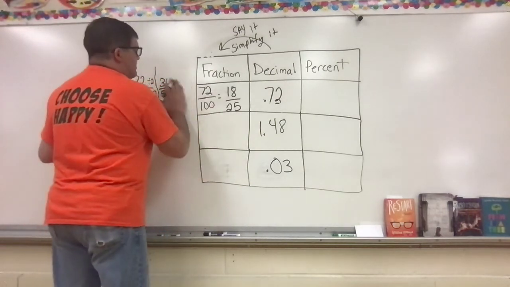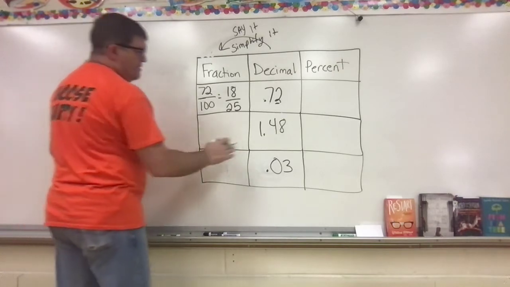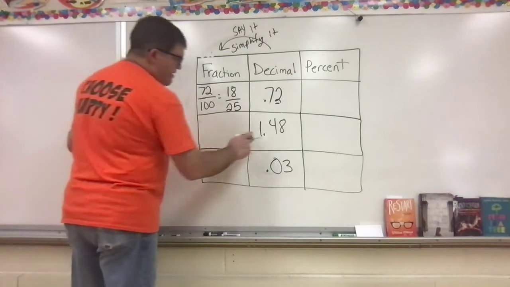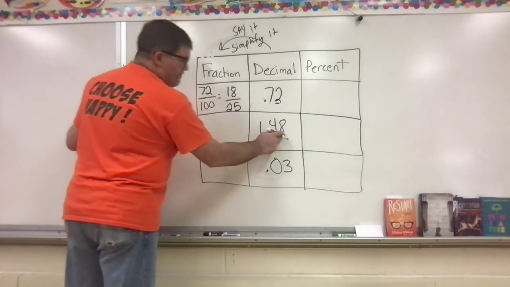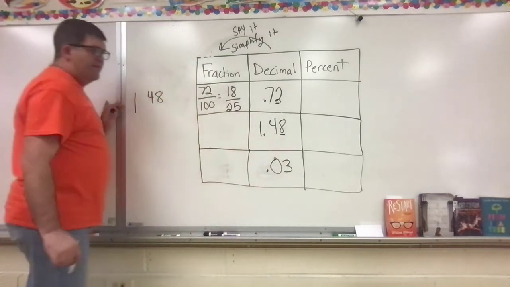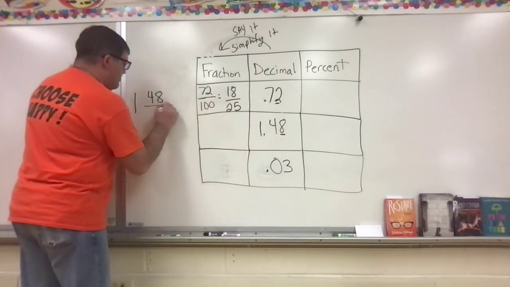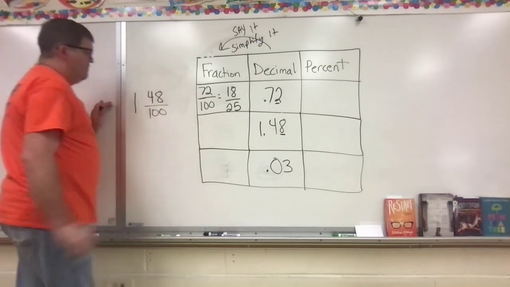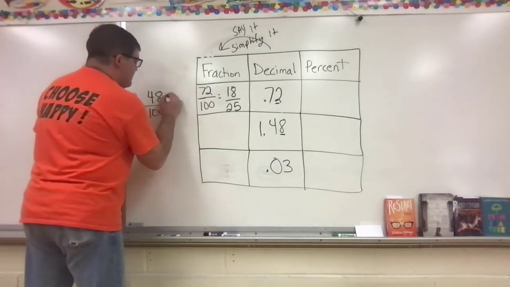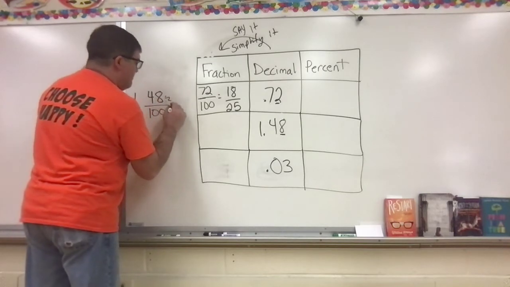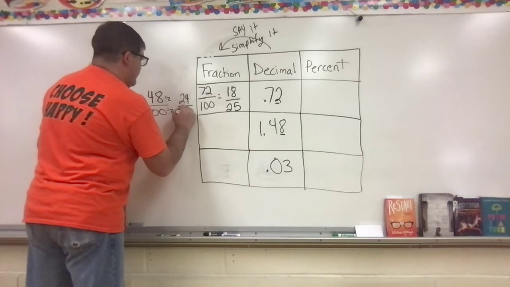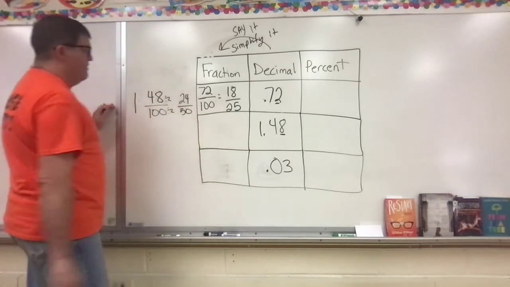Okay. Now, let's look at this next one. I say it, 1 and 48. What place value is that? Hundredths. 1 and 48 hundredths. And I can simplify this 48 hundredths. They're both even. I cut it in half. That's 24/50.